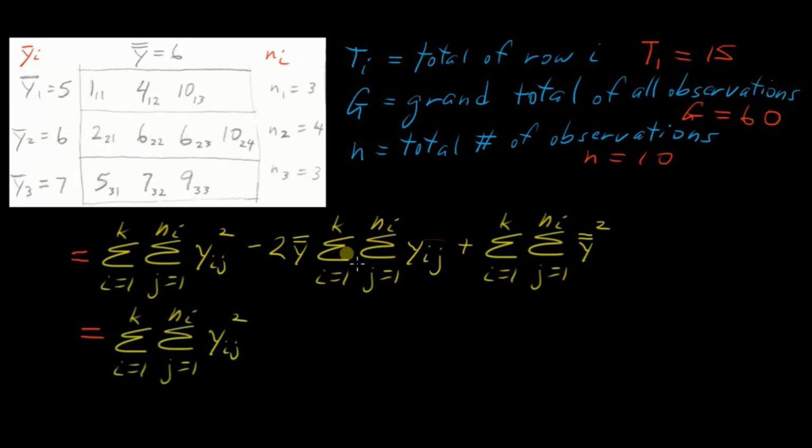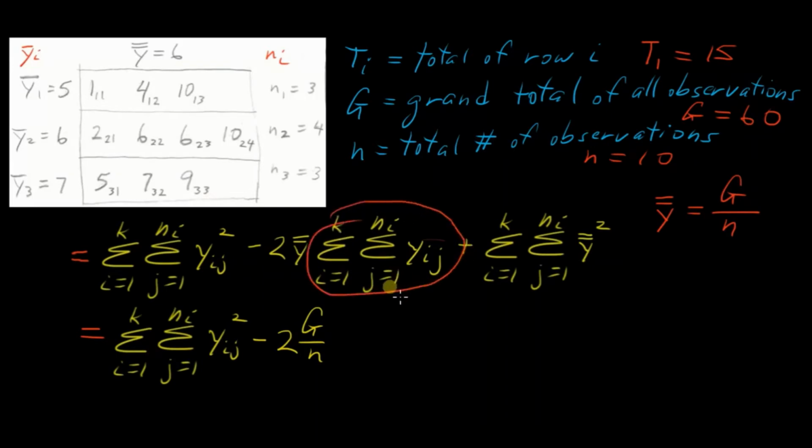Okay, so looking at this second term here, let's think about that thing. That's the grand mean. We would get that from taking the total of all observations and dividing it by the number of observations. And so we could replace this thing here with G over N. Okay, let's think about what this is.